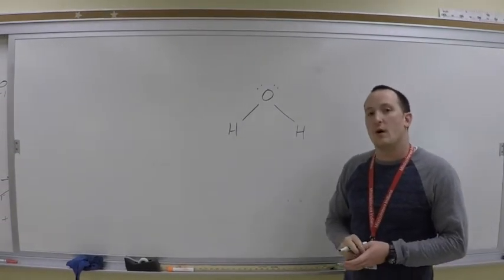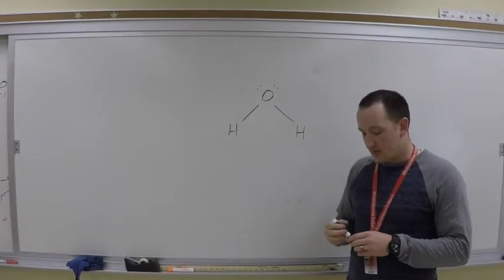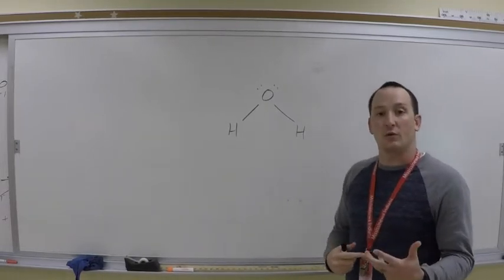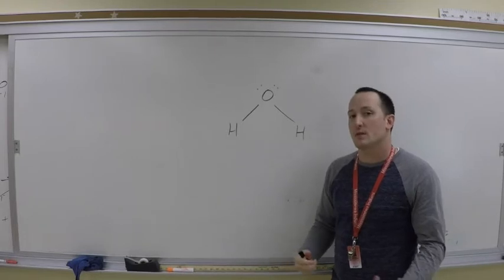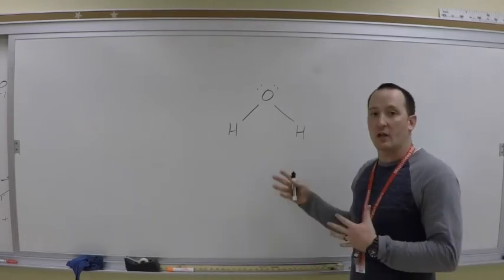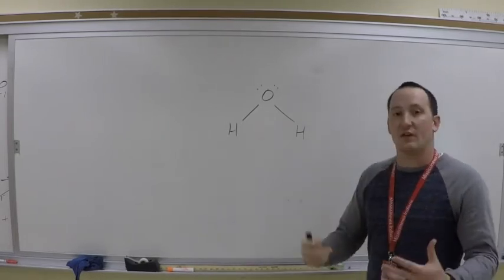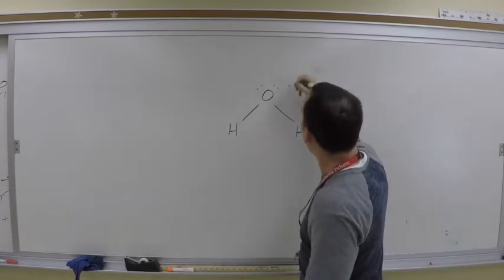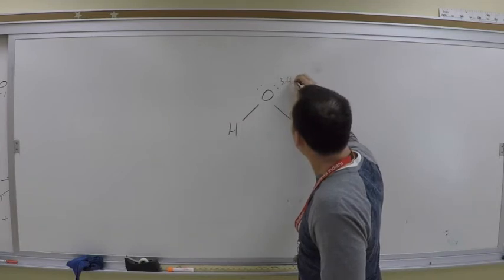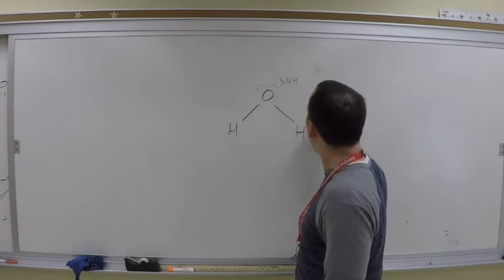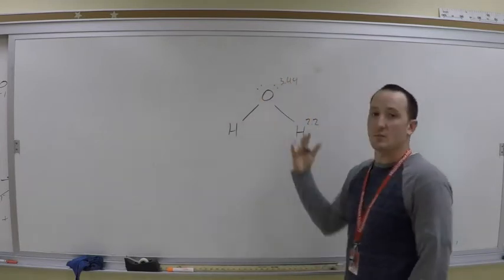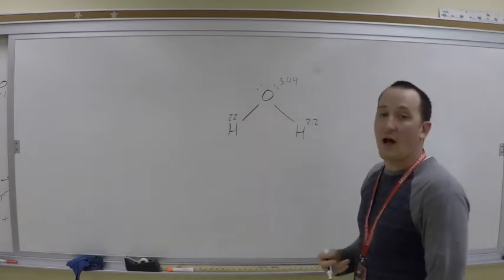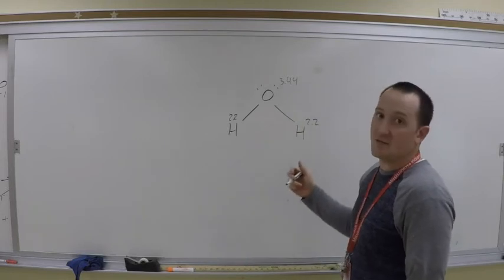Hello, ladies and gentlemen. What I want to talk to you briefly about is why finding the polarity of bonds and then why finding the polarity of the molecule can be really beneficial for us. So in the last video I ended talking about water. And so what we did is we found the electronegativities of the hydrogen and the oxygens, and oxygen was 3.44, hydrogen was 2.2, so we subtracted those, and what we found was that the difference in electronegativities was 1.24.